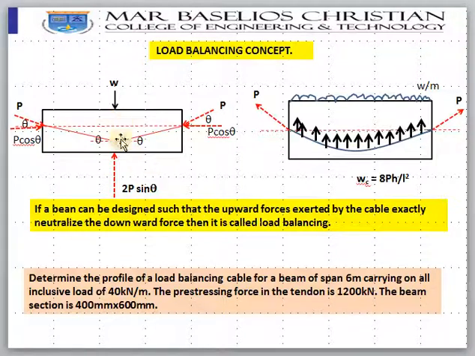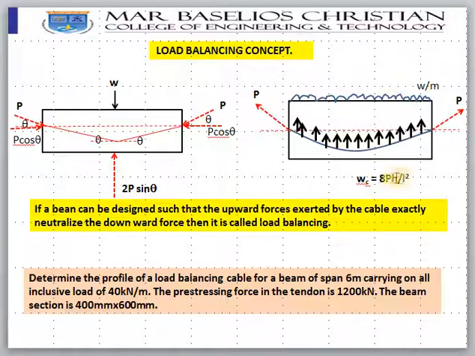So either you can play with the theta and P to make 2P sin theta equal to W. Suppose you already have the load, so the only variable is sin theta. So how to change theta? By changing the eccentricity. Same is the case here also. You can increase or decrease the dip h, so that finally you can make this WC equal to W.